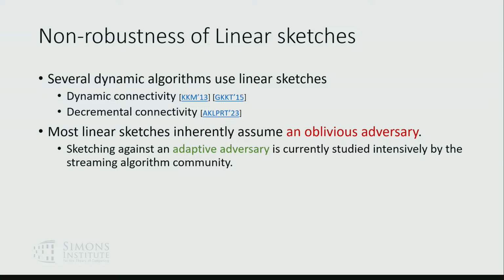But anyway, I just want to point out that trying to get linear sketch against adaptive adversary is currently actually one of the intensively studied topics in the streaming community as well. So it's quite interesting to see whether there will be more synergy and new development in this direction.